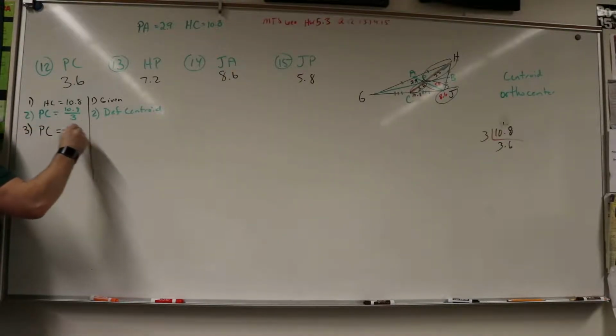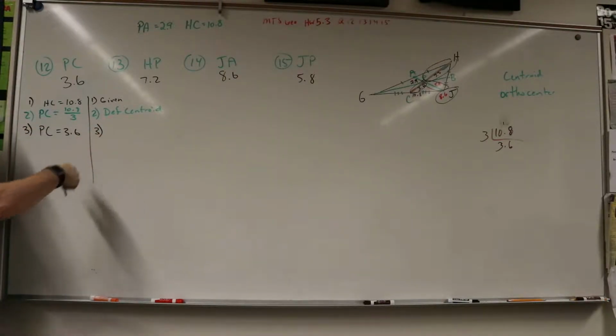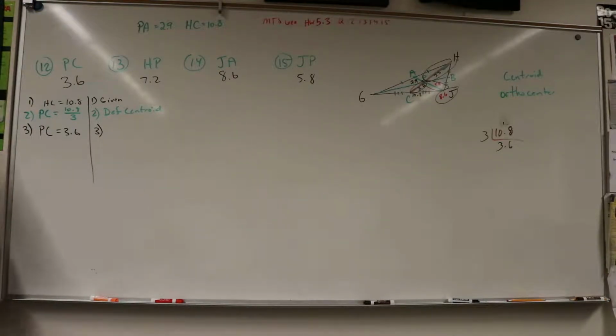So what is that, Skylar? What's that reasoning? What did we do to get the 3.6, Shay? How did we get to 3.6? What did we do? Substitute? Not substitute.